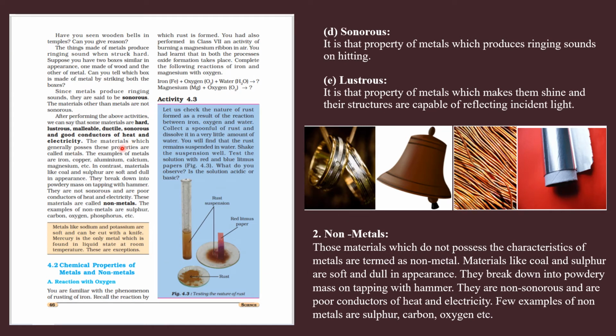The materials which generally possess these properties are called metals. Examples of metals are iron, copper, aluminium, calcium, magnesium. But in contrast, materials like coal and sulfur are soft and dull in appearance.